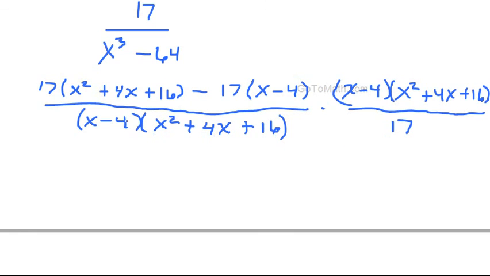Okay, now let's go ahead and distribute this stuff and clean this up here at the top. Alright, clean that up. And actually, those guys just cancel out, don't they? Why don't we just do that right now? We can cancel those out and cancel them out. And you know what? We're left with 17.